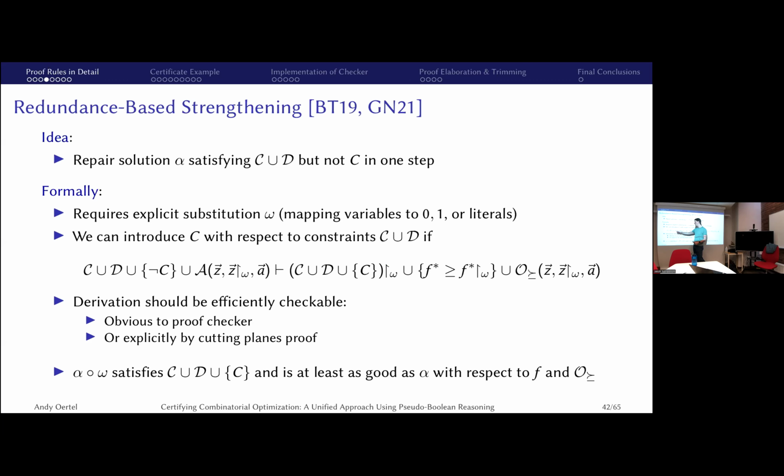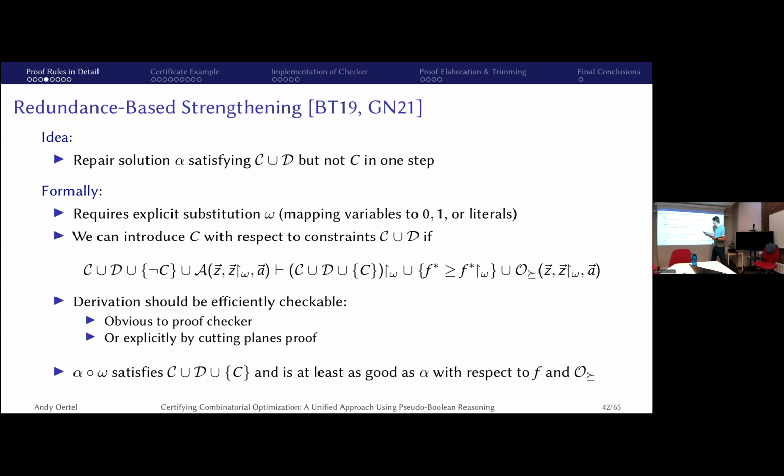Then after fixing the solution with our substitution omega, it satisfies the core set, derived set, and our added constraint. Additionally, with this fix, the objective value is at least as good as the objective value without the fix.